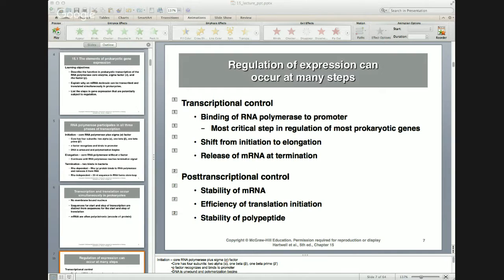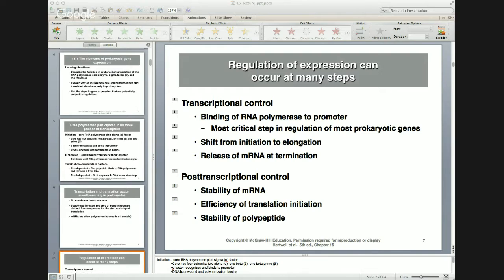We know that the enzyme responsible for transcription is RNA polymerase. And in the past, we looked at how RNA polymerase initiates transcription. We looked at the factors necessary for initiation, elongation, and termination of transcription, and the role each of these factors plays.